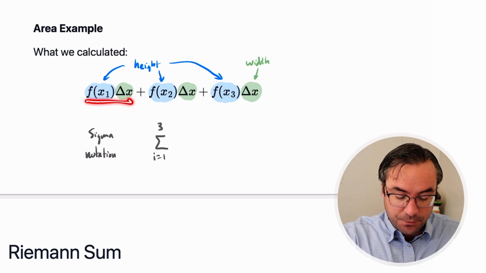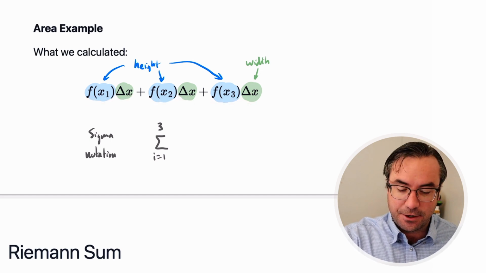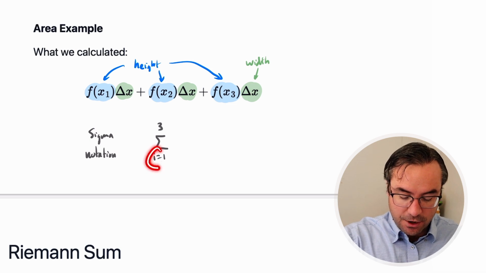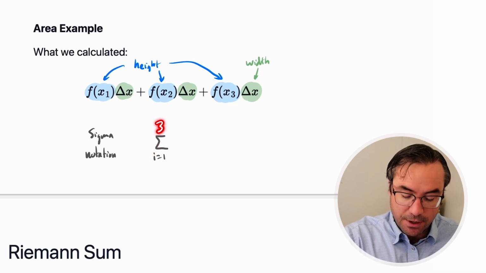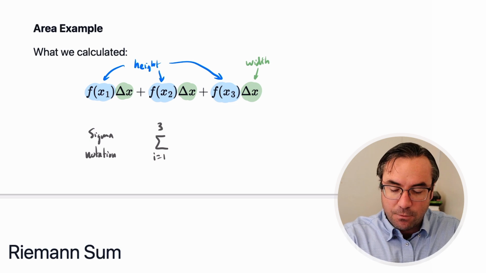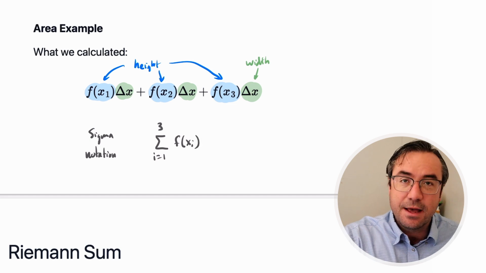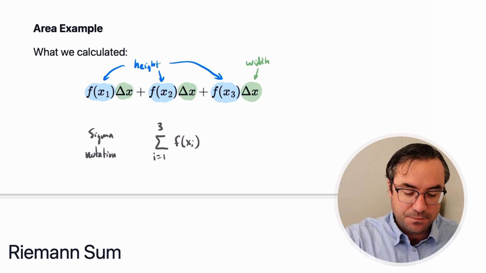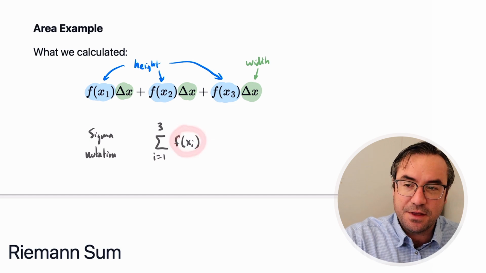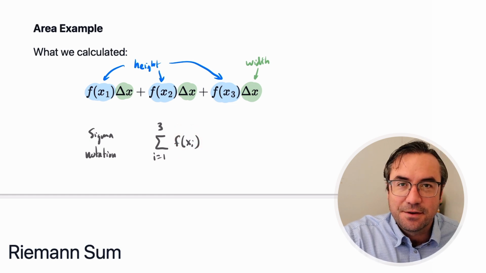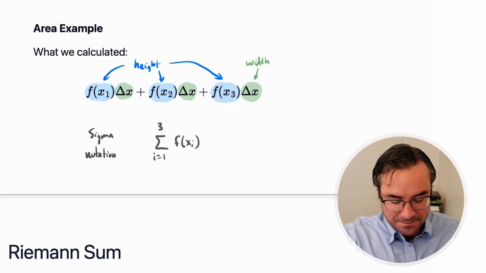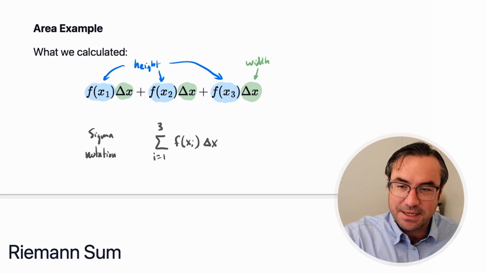So essentially there's 3 terms that we're adding together here. So we're going to start our index at 1, and we're going to count up to 3. And what we did is we calculated f of xi. So this was the height of the ith rectangle times delta x.